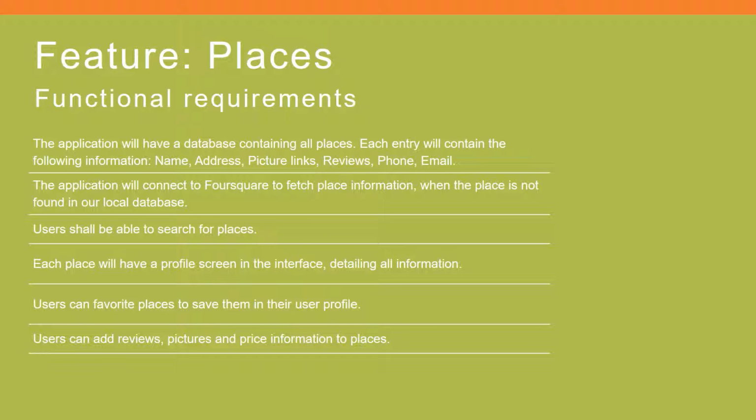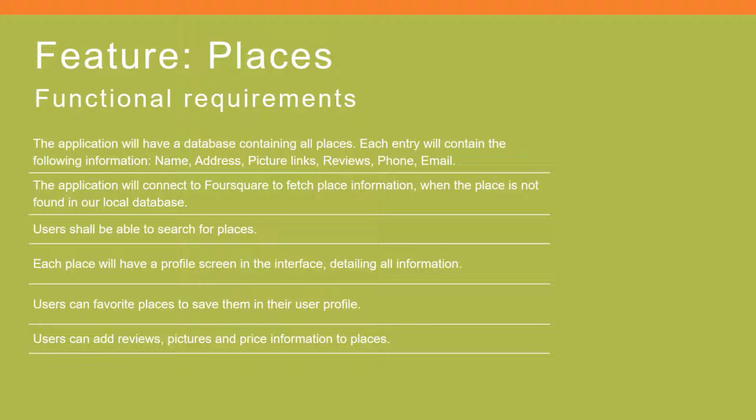The application will connect to Foursquare in order to fetch place information when the place is not found in your local database. Users will be able to search for places. Each place will have a profile screen in the interface detailing all the information and reviews and any other advantage that the user will be able to get.